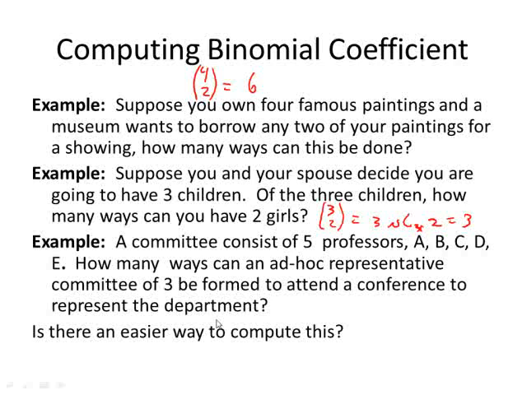How many of them do you want? 3. Does it matter how you get them? No. So this is going to be 5 choose 3, 5C3, and you should come up with 10.